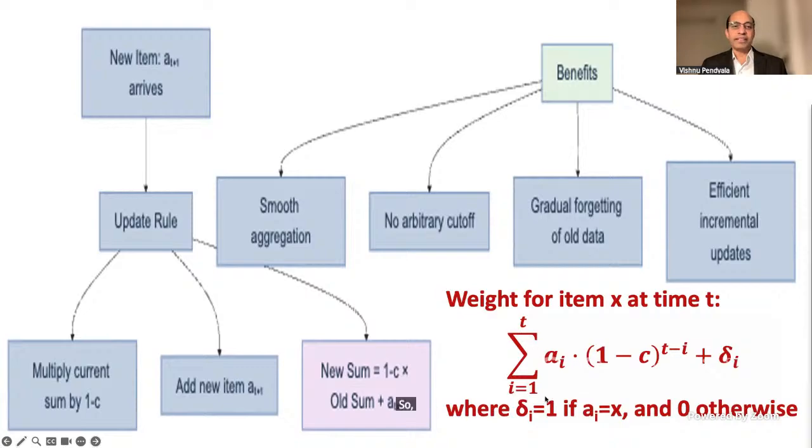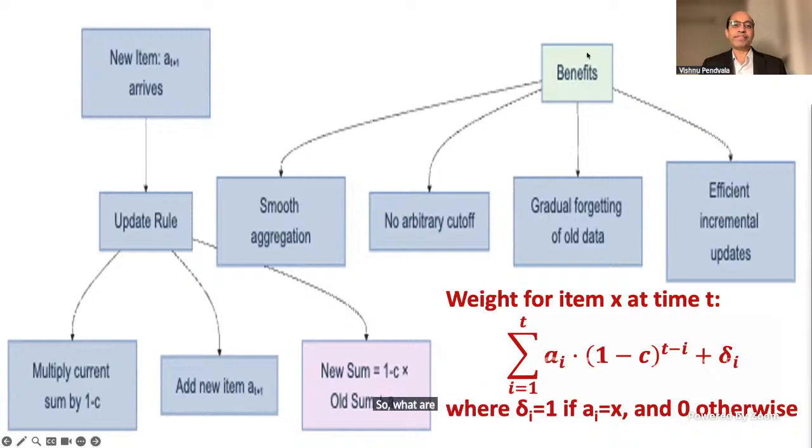Mathematically it can be expressed like this. Each time you multiply by 1 minus c; if there are t time steps, you will multiply (1 minus c) to the power t minus i, plus there is an initial weight. This initial weight is 1 if the element occurs in that position and 0 otherwise.